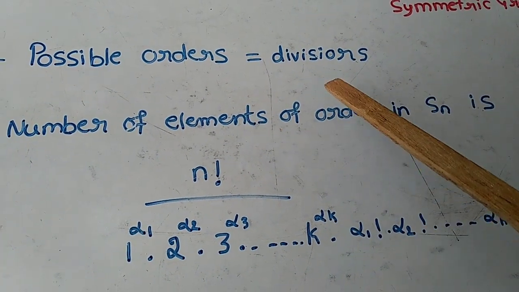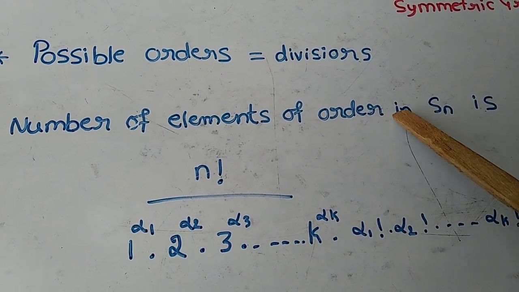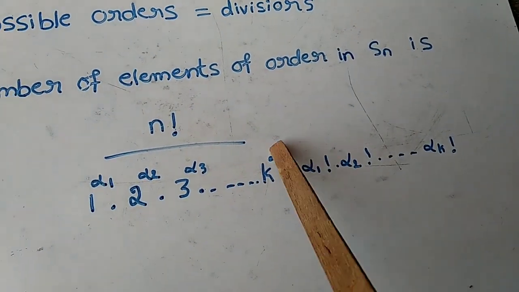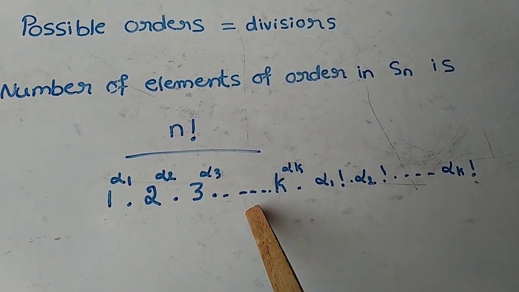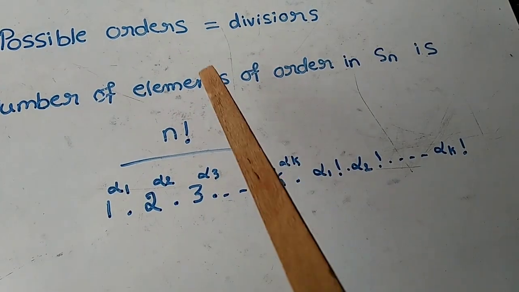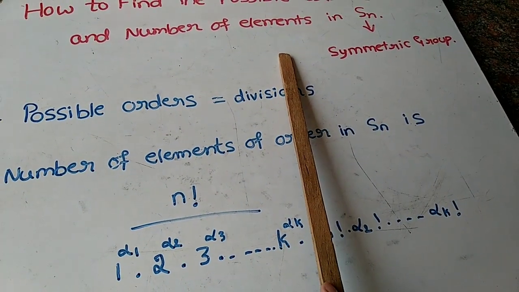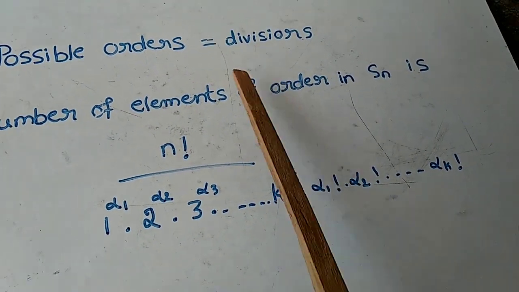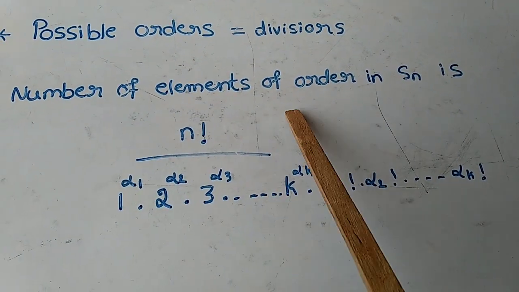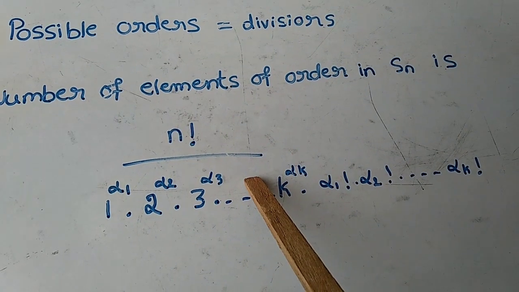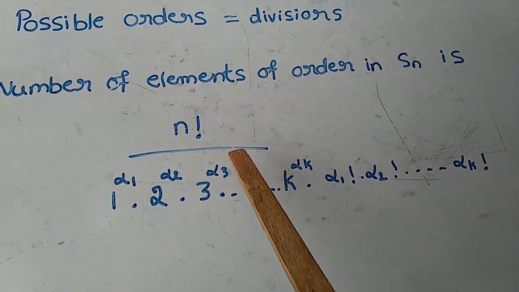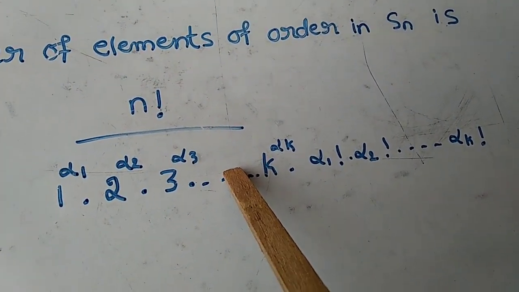For finding the number of elements of a given order in Sn, this is your formula. You have to keep remembering these two things. In the examination, if they ask for finding the orders, you have to take the divisors. If they ask for the number of elements, then you have to apply this formula. So what is this formula?